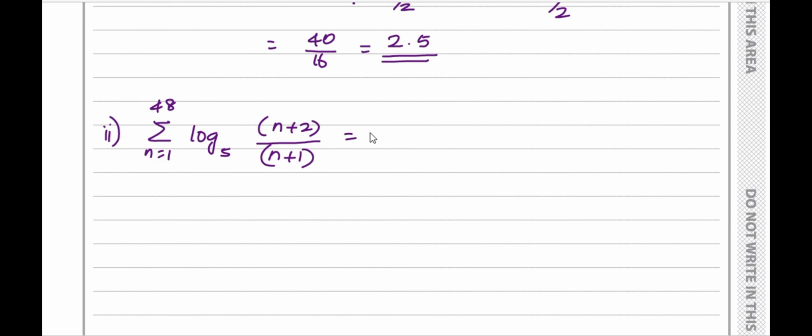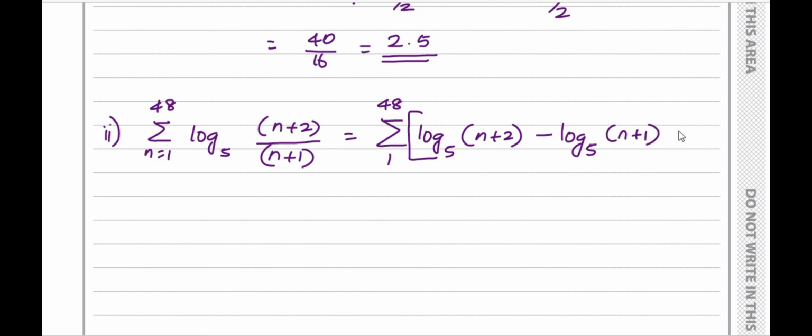Okay, using the logarithmic rules, we can write this as something minus something, right? That is log to the base 5 of (n plus 2) minus log to the base 5 of (n plus 1). So everything within the sigma sign.